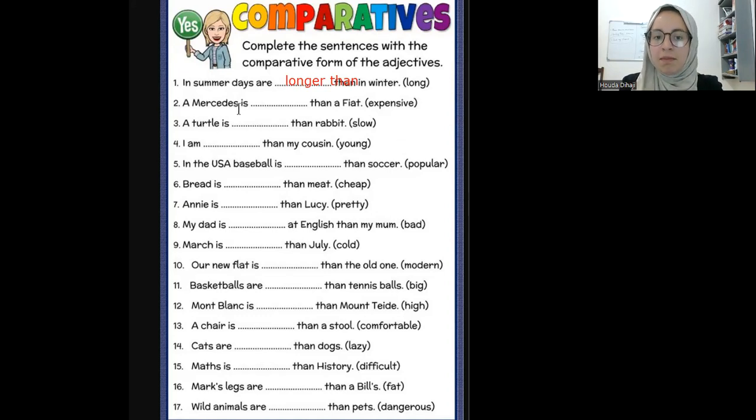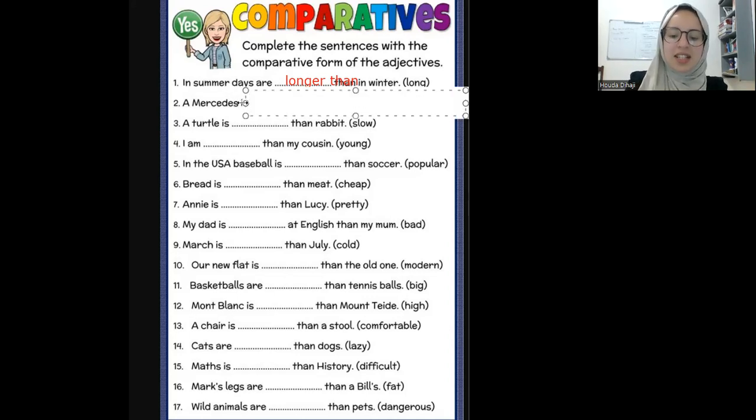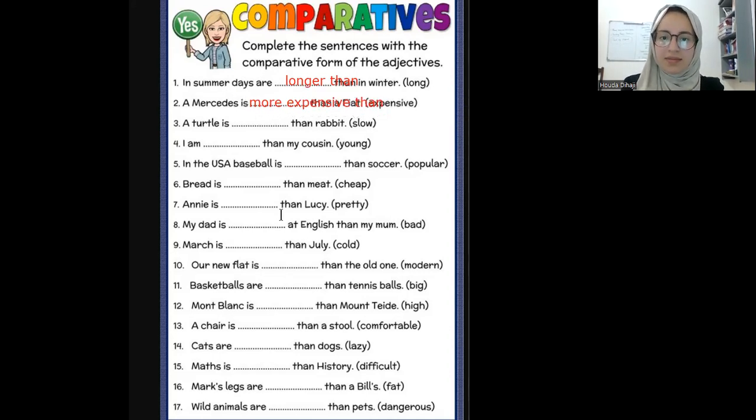A Mercedes is ___ than a Fiat. We have expensive. How to say that Mercedes is expensive, but Fiat is not expensive, or less expensive? We say a Mercedes is more expensive than Fiat. Let's do another one. Maths is ___ than history.